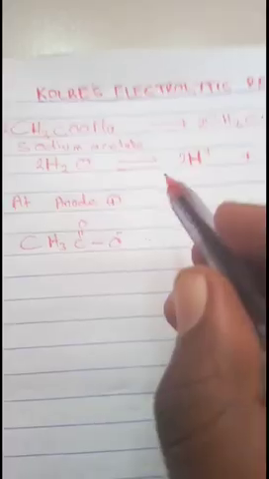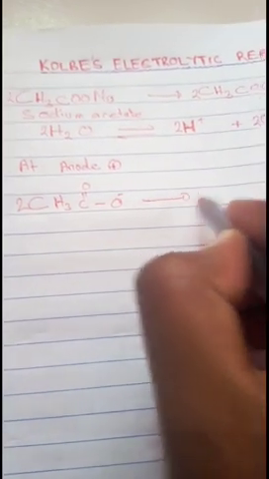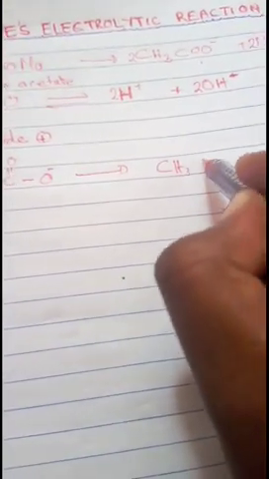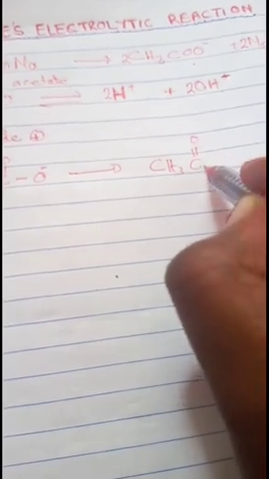Then this one now is going to lose electron. This we have 2 moles. Then it is going to produce acetate free radical, CH3 C double bond O, then oxygen, plus electron. Remember, we have 2 moles, then 2 moles of electron will be lost.